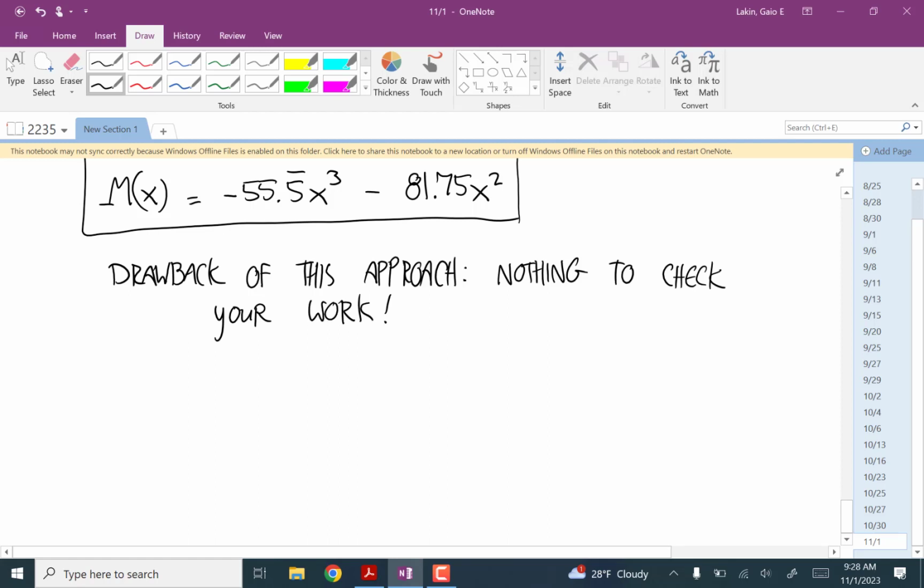You can catch a lot of mistakes by going through Newton's laws, calculating your internal loads that way, and then using those. It's really quick to just take the derivatives of what you found and use that as a check. With this, you don't have anything to check your answers. It didn't matter much in a problem like this that was really easy to do by integration. But when you have constants of integration everywhere, things are sort of different with that.